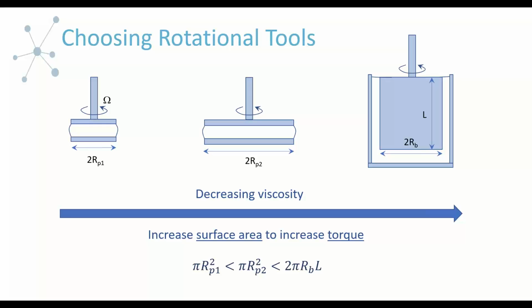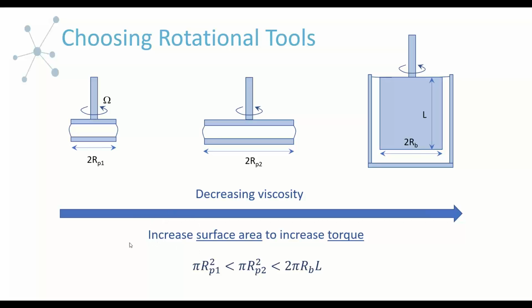There's an operating window for the torque, and you need to choose your tool so that you can explore as much of that space as you possibly can for your given sample. So what you need to keep in mind is how my tool selection, in combination with my sample, is going to impact the torque, and what kind of operating window I will have. That's the very general thought you want to have when you're trying to choose your tools.